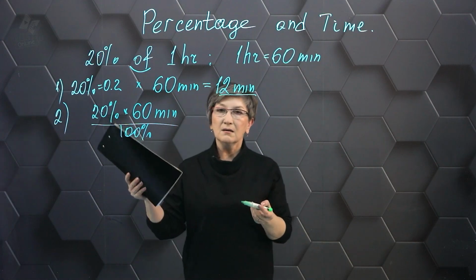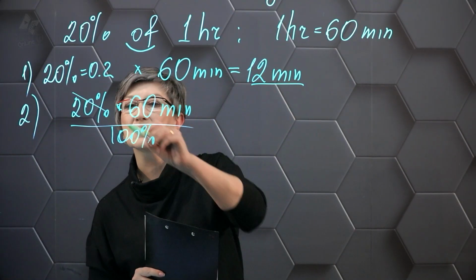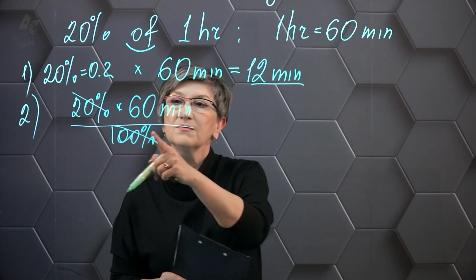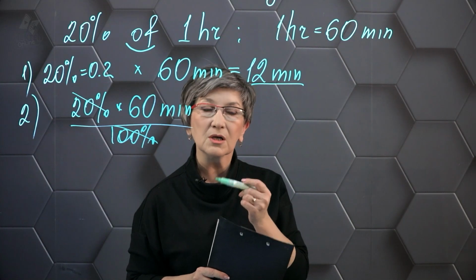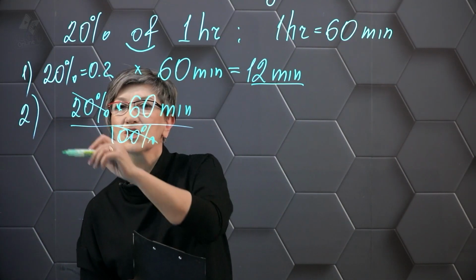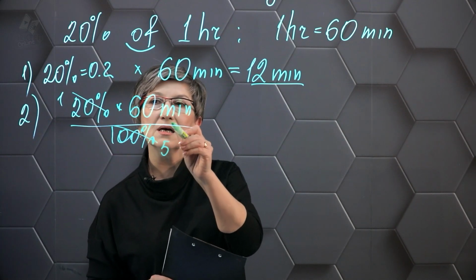If you're comfortable using that algorithm, the percent signs reduce. Notice that the percent sign is reduced, so we'll have minutes in the answer. That's what we need. So, 20 and 100, I'm reducing by 20. This will be 1 and this will be 5.